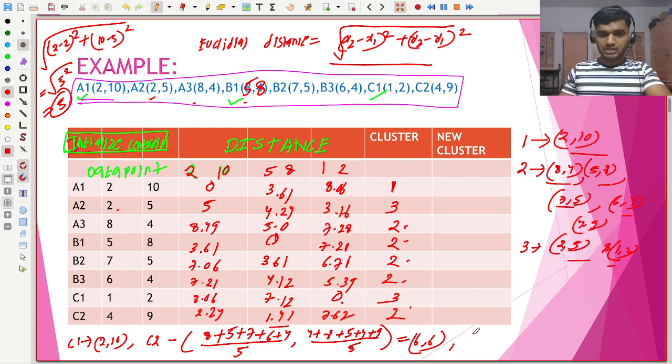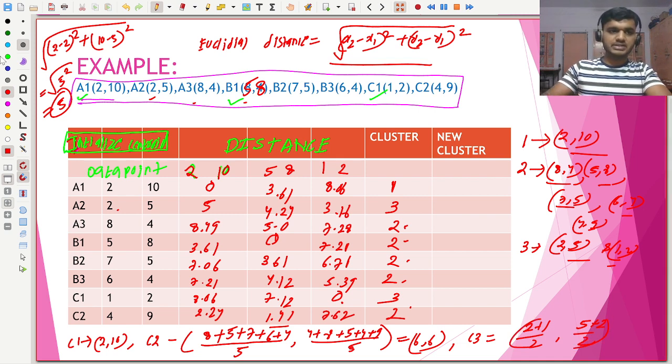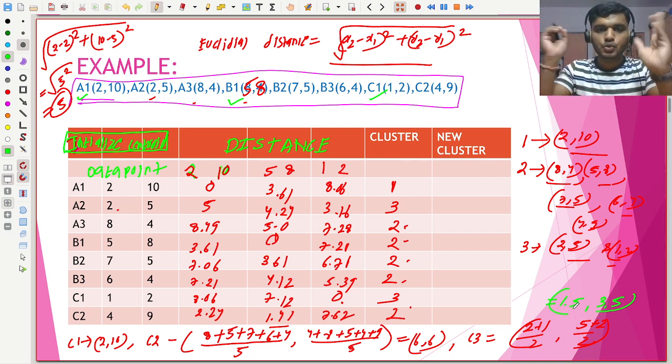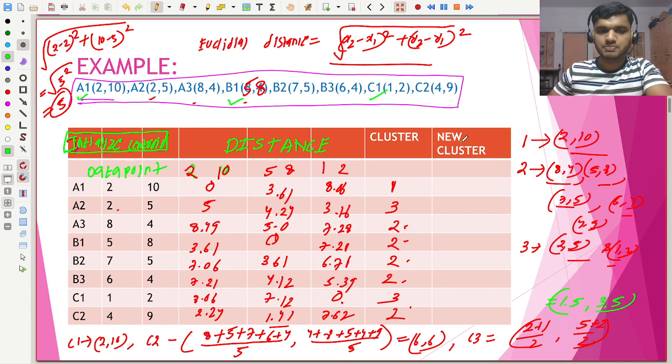Similarly, for cluster 3, that is 2 points, (2 plus 1) by 2 and (5 plus 2) by 2. If you calculate this, it will be (1.5, 3.5). Now repeat the process with the updated centroids. The first centroid is (2, 10), the second centroid is (6, 6), and the third centroid is (1.5, 3.5).